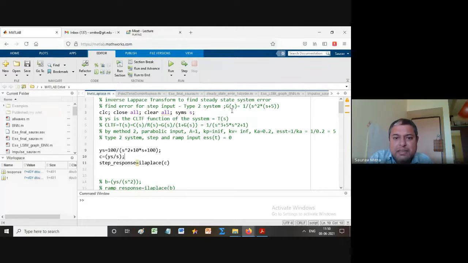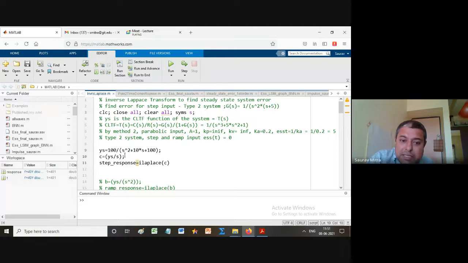Don't look at this type and all these things. This is not in the upper part, you just ignore. Just see only this part, that is Y(s) we have given. This is a closed loop transfer function, 100 divided by s square plus 10s plus 100, and this is a second order system, and we are supposed to find out the step response of this second order system. So this is 100 divided by s square plus 10s plus 100, and Y(s) by R(s) we do.